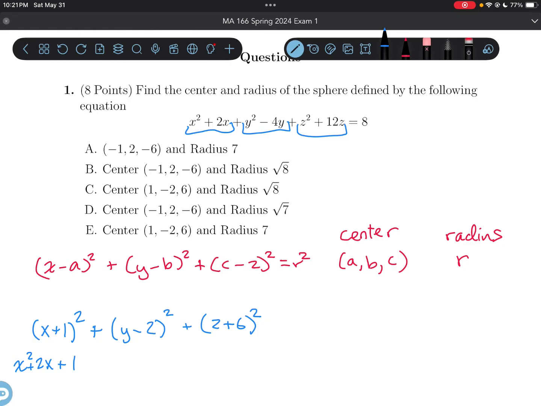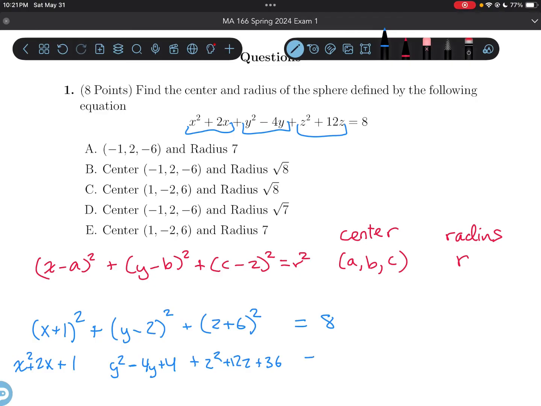Okay, so if I factor everything out, I can just double check. So minus 4y plus 4 plus z squared plus 12z plus 36. An easy mistake over here would be to just say that this is equal to 8.